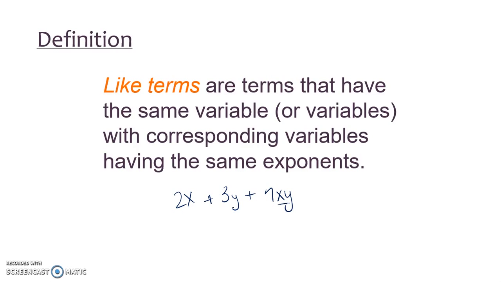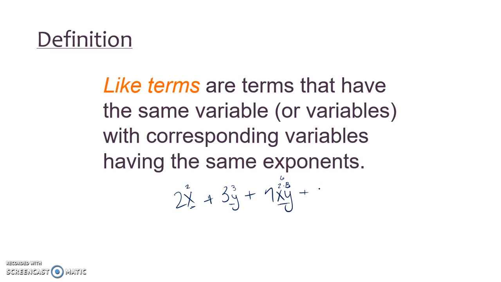This is not a like term to this or this, because they aren't all together. 2 times x is different than something times y, is different than something times xy. Because if we said our x value was 2 and our y value was 3, that would make this value, oops, getting ahead of myself, that would make this value technically 6. So it'd be like saying 2 times 2, 3 times 3, and 7 times 6. So whenever they are glued together like this, we can't combine them because these are not like terms.